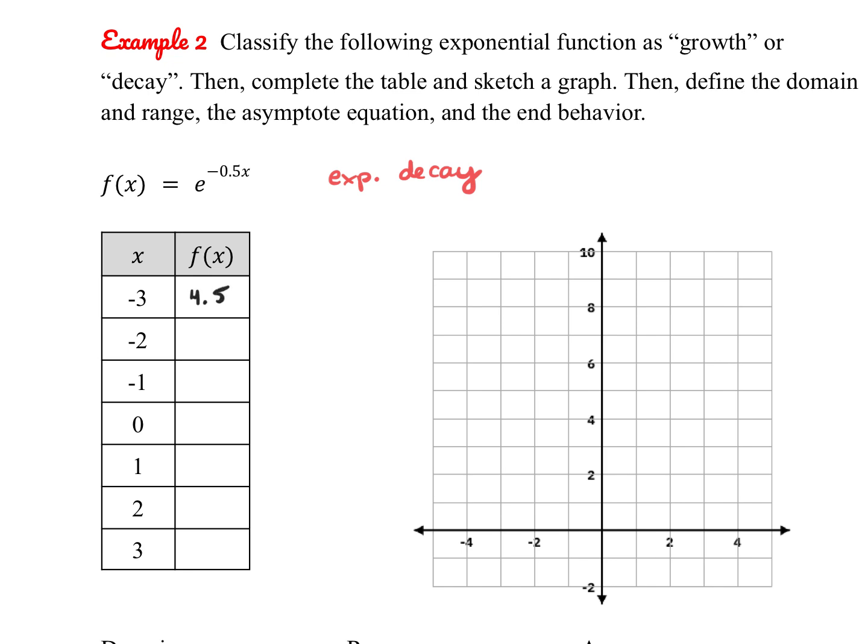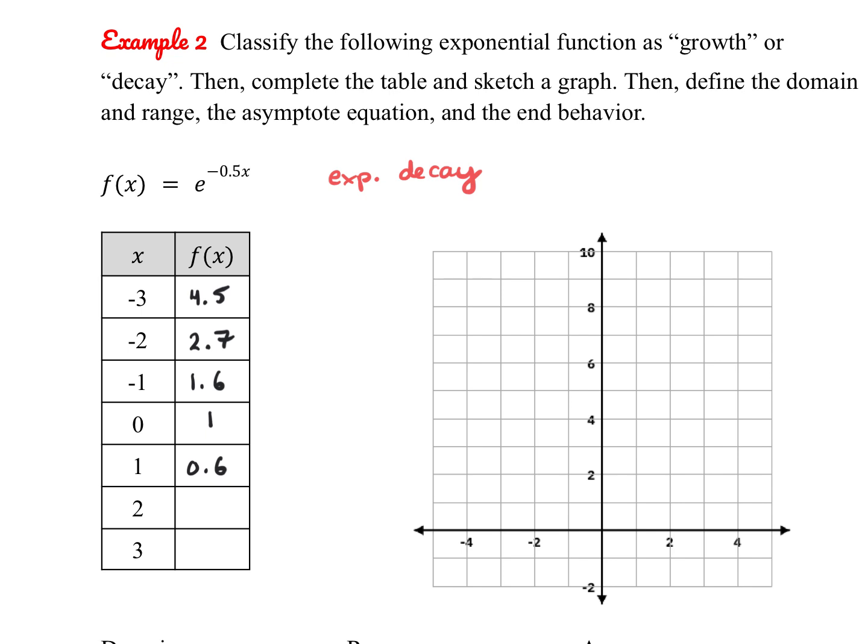And then we can plug in negative 2, and we get about 2.7. And then we can plug in negative 1, and we get about 1.6. Anything to the power of 0 is 1. And then you can plug in positive 1, and we get 0.6.